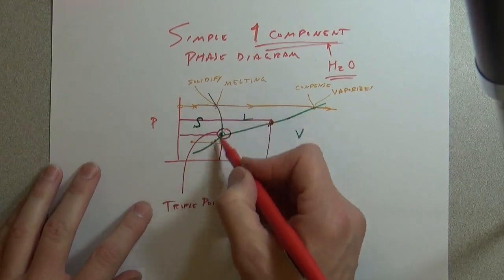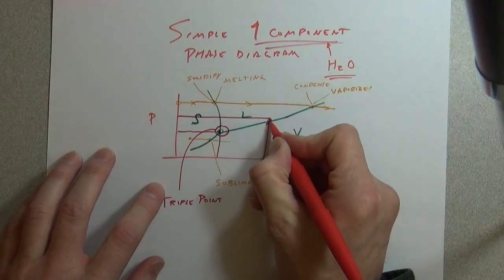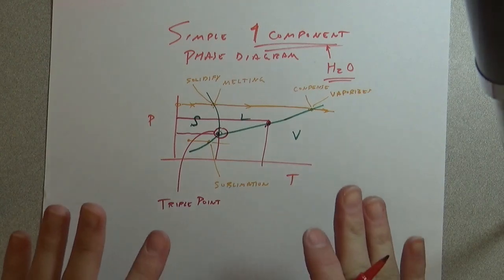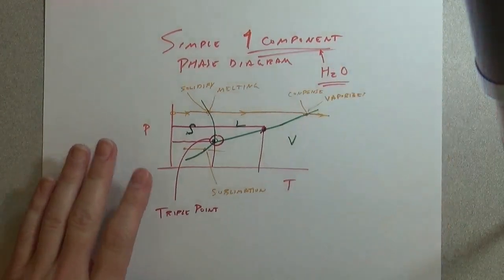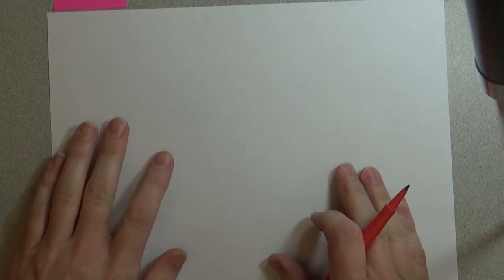So anywhere you have one of these lines that separates these phase regions, if you can create a system that sits right on that, then you're going to have coexistence of these phases. So this is a simple one-component phase diagram. So now let's go to the next level of complexity, and we'll go to a binary phase diagram.